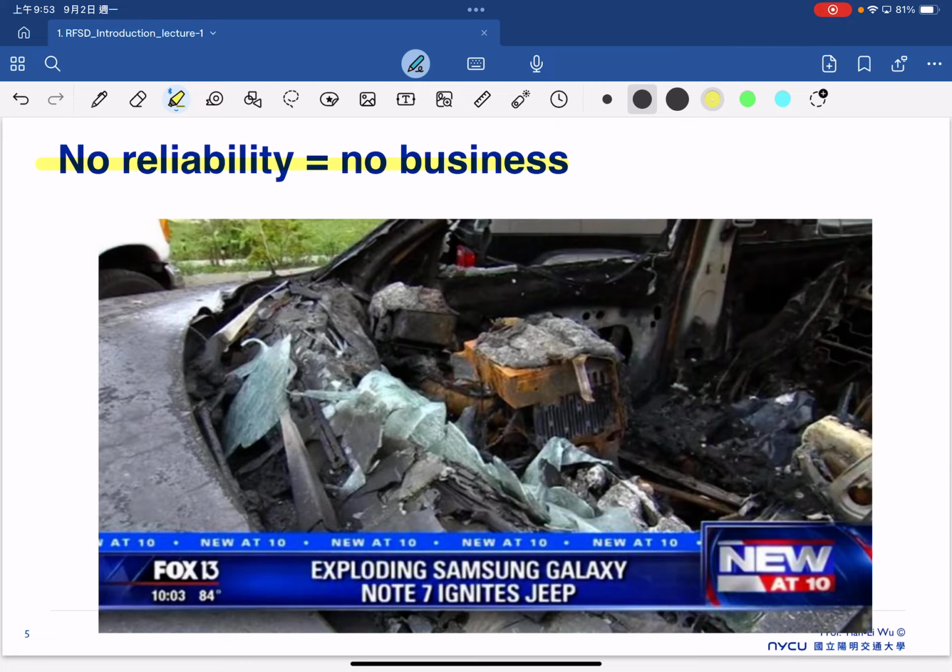And of course, if you look at the news, you will find out why: they say all these batteries come from the same supplier. So that actually made Mercedes-Benz so worried, because they are afraid that customers won't buy their EV car. Right now, the EV car is in a very competitive market. So anyhow, if we don't make the device with good reliability, in the end we will hurt our customer trust here.